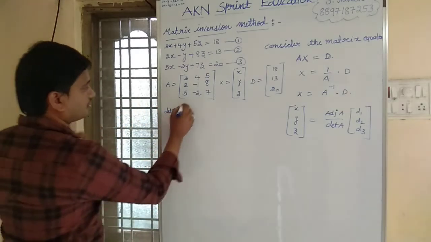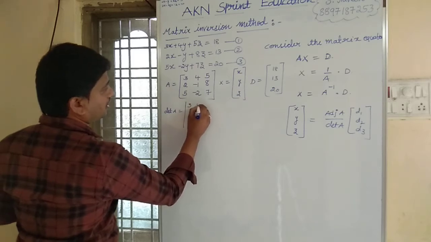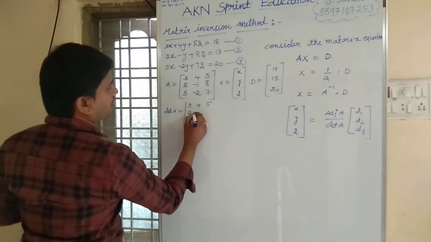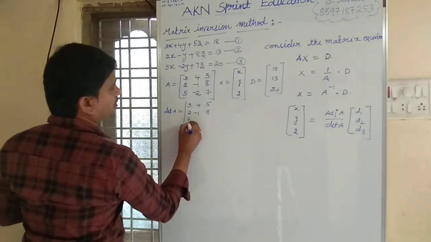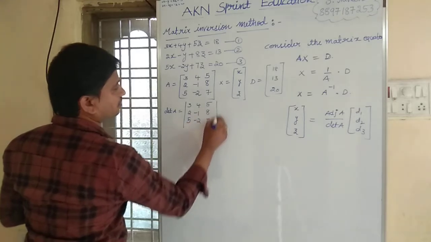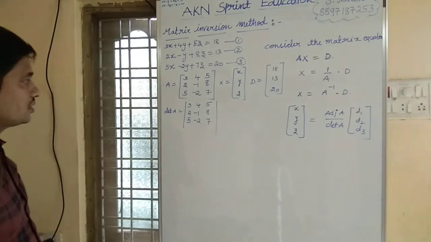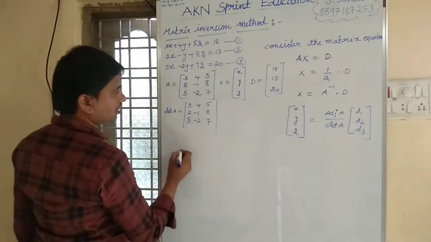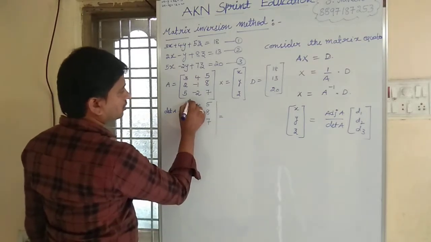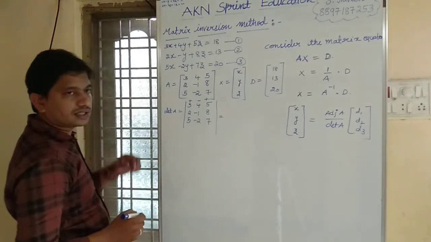that is the modulus of [3, 4, 5; 2, -1, 8; 5, -2, 7]. So what is the det? The signs are plus, minus and plus.